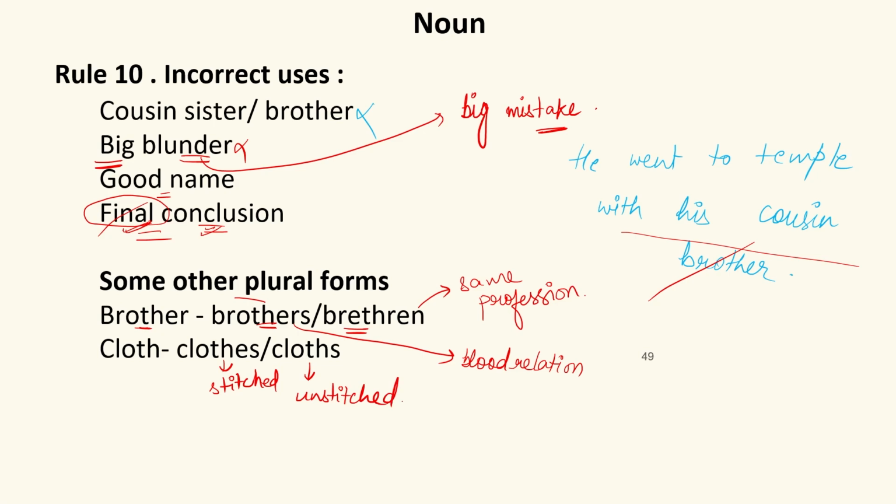Now we have some more kinds of plurals. For example, if I write a word like foot, the plural of foot is feet. The plural of tooth is teeth. The plural of mouse is mice.